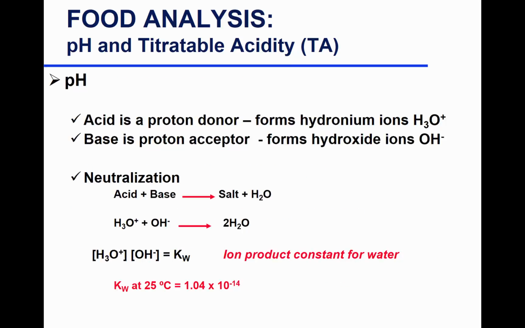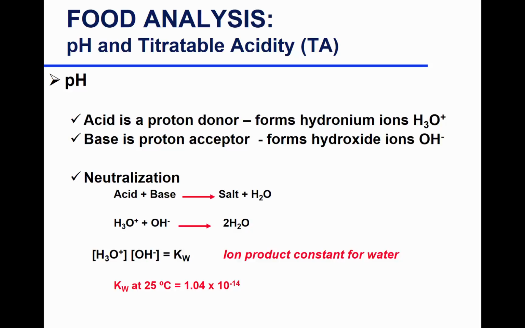Okay, so here we're trying to relate pH to the concentration of hydronium ion and hydroxyl groups. In basic chemistry, we already know that an acid is a proton donor, and a base is a proton acceptor. This in water becomes hydronium ion, and this is a hydroxide ion. At neutralization, the hydronium ion and the OH will give you just water.